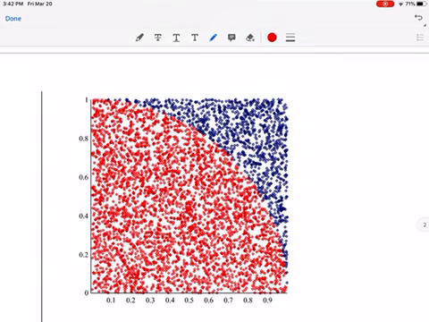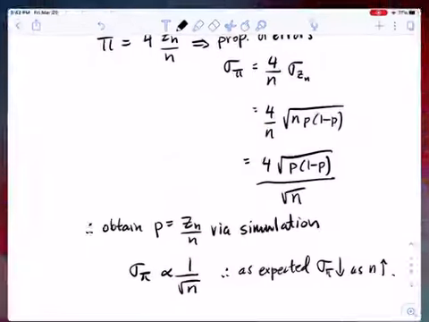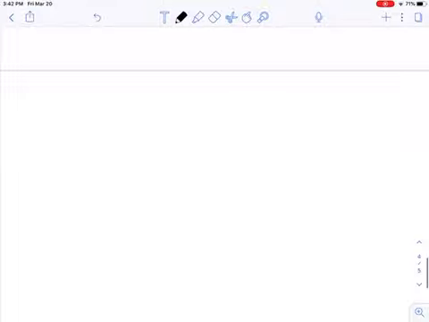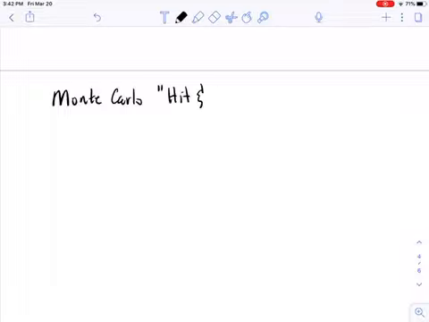Okay, so that's calculating pi, and so how could we use that to evaluate integrals? Okay, so let's try Monte Carlo Hit and Miss integration.